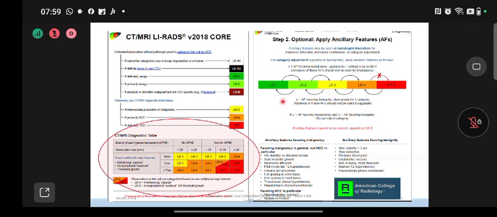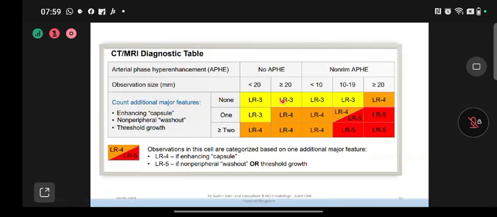So this helps you in tie-break situations by using the ancillary features. I want everyone to focus on this table, and I'm just trying to simplify it now. You can see that there are 3 rows. We have seen 5 major features.